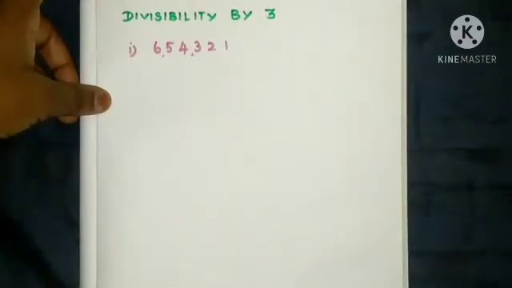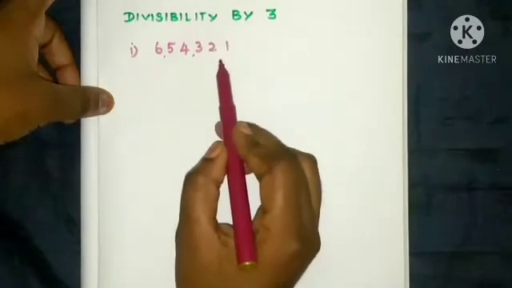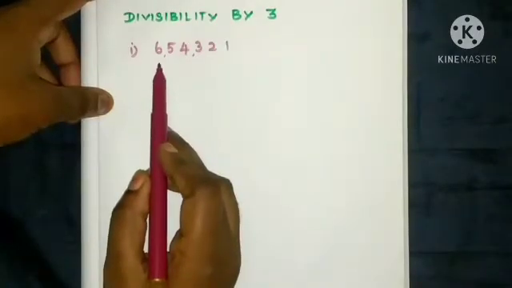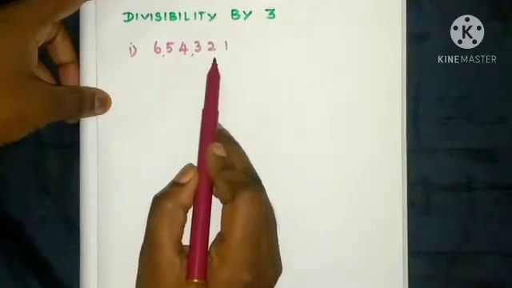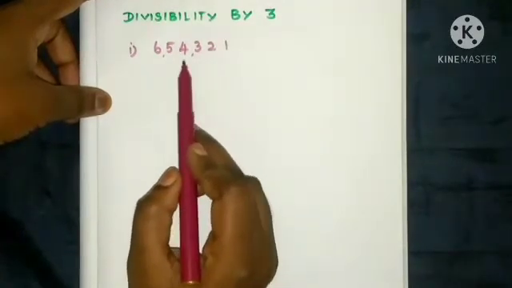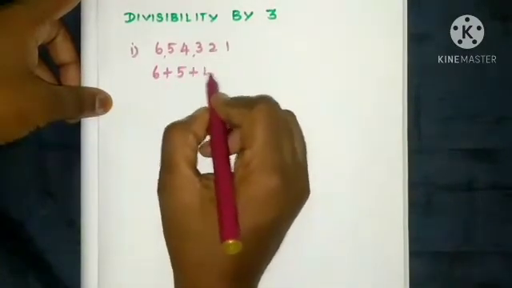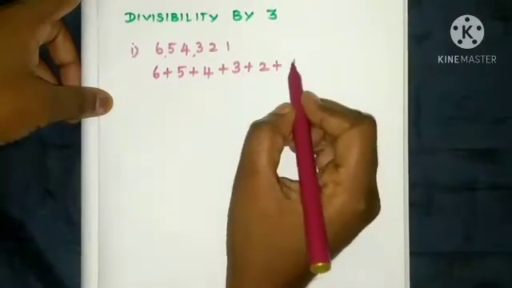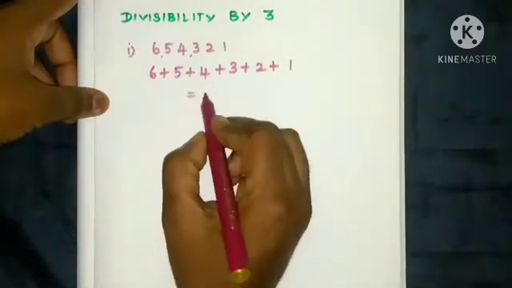And the next one is an example for divisibility by 3. Now let's check whether 6,54,321 is divisible by 3 or not. The rule for divisibility by 3 is a number is divisible by 3 if the sum of its digits is divisible by 3. For that you have to find the sum of the digits. 6 plus 5 plus 4 plus 3 plus 2 plus 1 is 21.